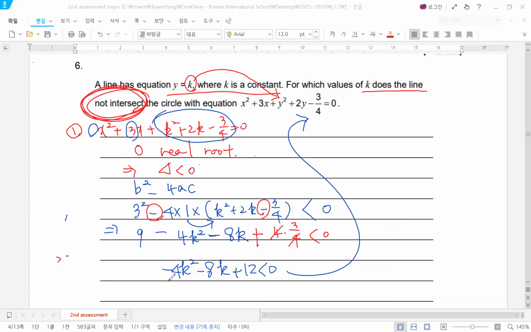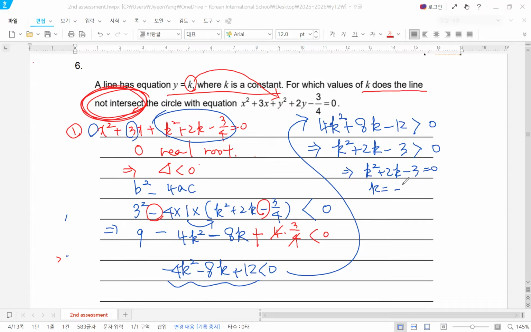Let's move this one to the right side to change the sign of the k squared term. 4k squared plus 8k minus 12 is bigger than 0. Can you see the common factor of these coefficients? What is it? 4 divided by 4 makes k squared plus 2k minus 3 is bigger than 0. Firstly, solve the quadratic equation using your calculator. Then you get the values of k as -3 and 1, okay?